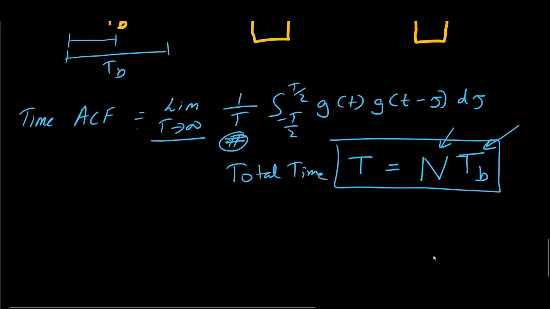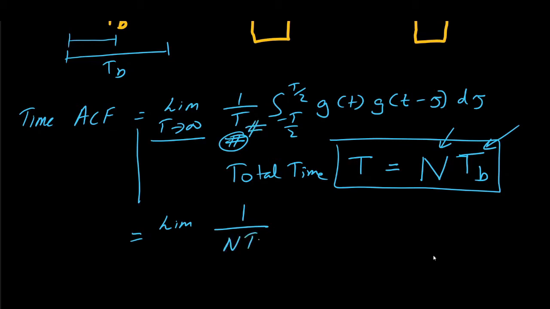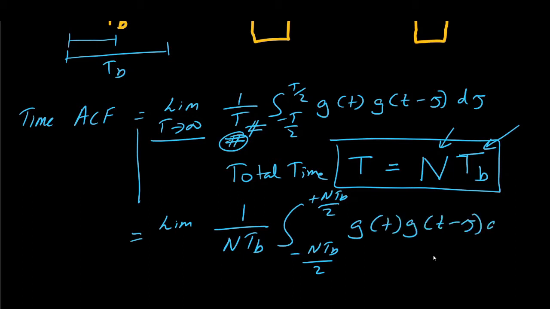Hence this equality can now be rewritten as 1 over T changing to 1 over n TB, and the integral from minus n TB by 2 to plus n TB by 2 of g of t minus tau d tau. Moreover, in this limit TB is fixed and n is increasing, so n approaches infinity.